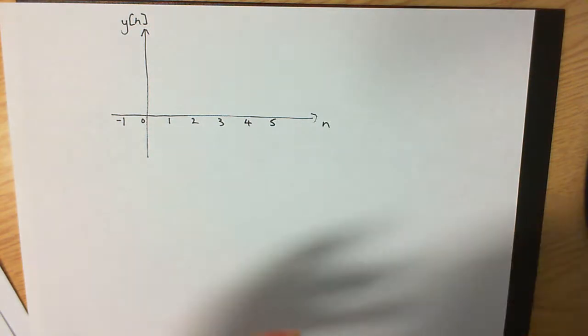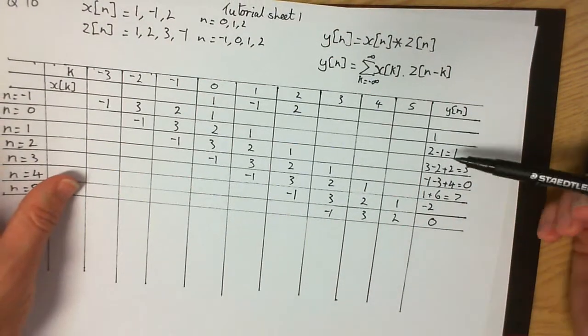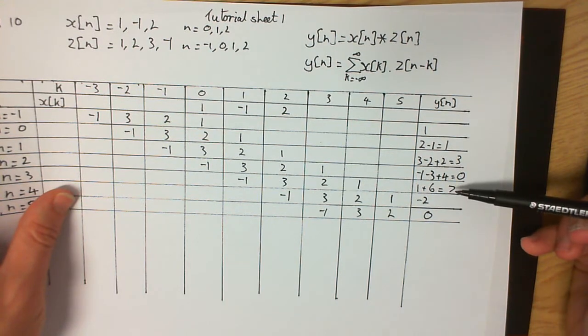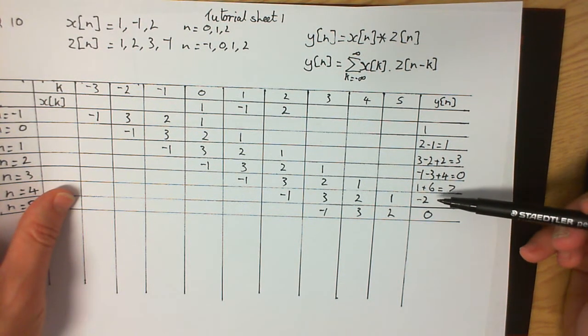And we also need to look at what the scales are for y of n. Well, the maximum is 7 and the minimum is minus 2.